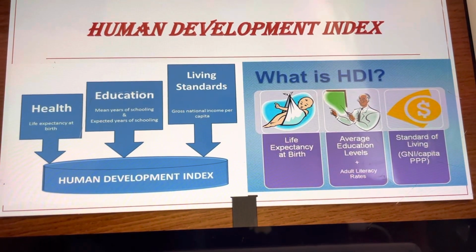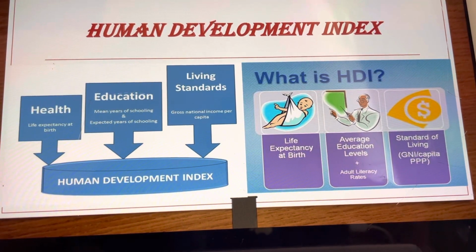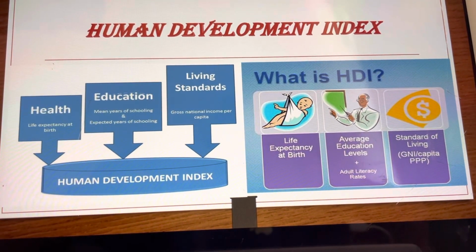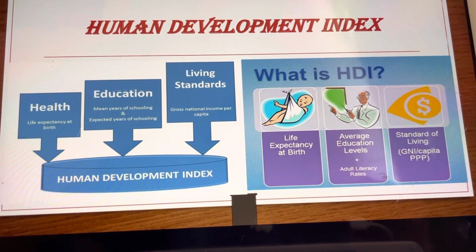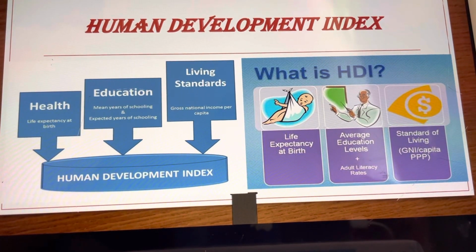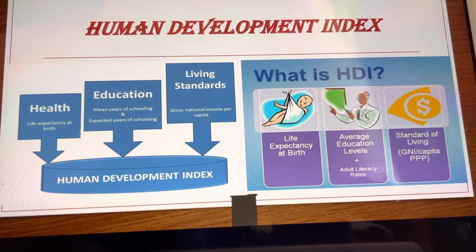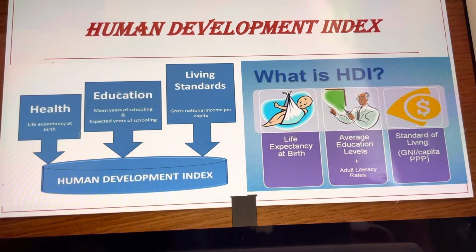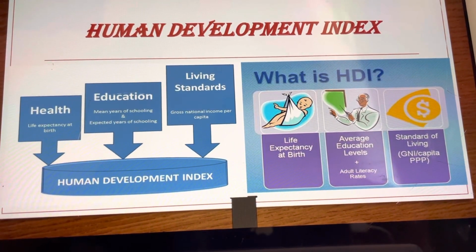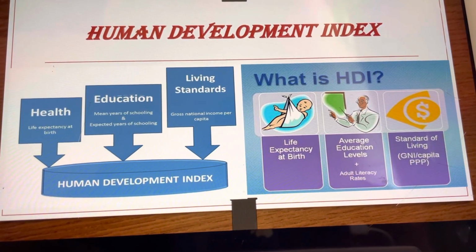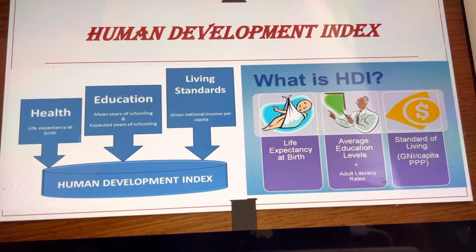Human Development Index depends on three things: health, life expectancy at birth; education, mean years of schooling and expected years of schooling; living standards, gross national income per capita.